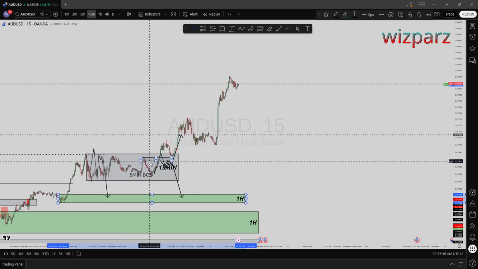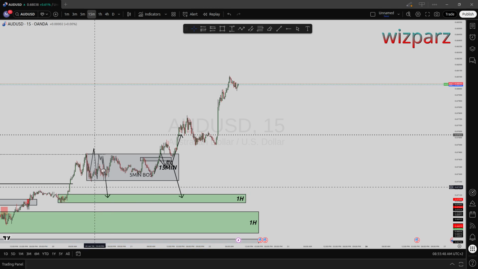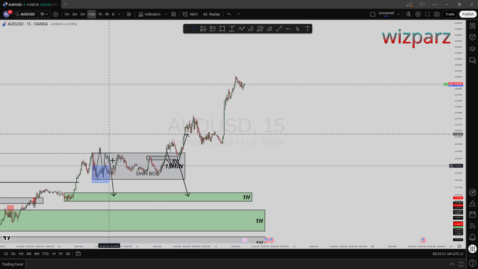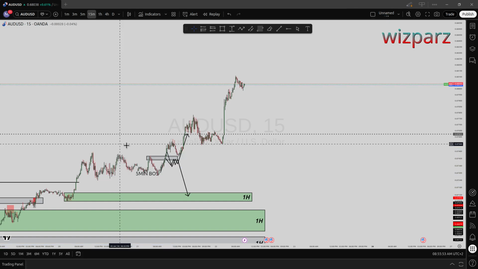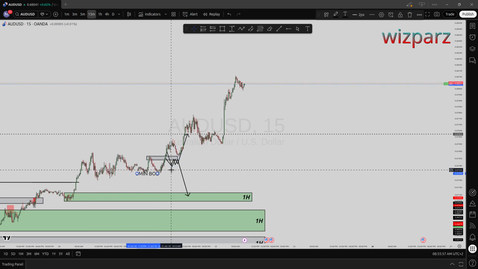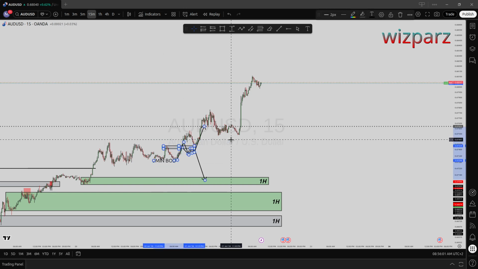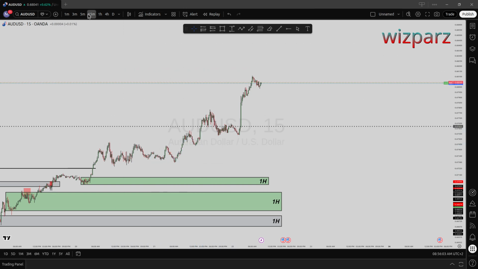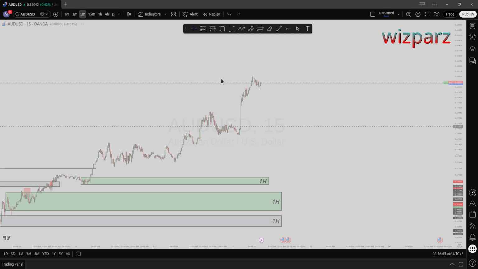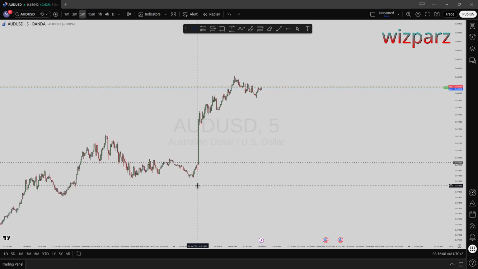But as you can see, price decided to continue pushing up higher without liquidating this ascending liquidity. And I can't go in without confirmation, but still this demand is still valid.